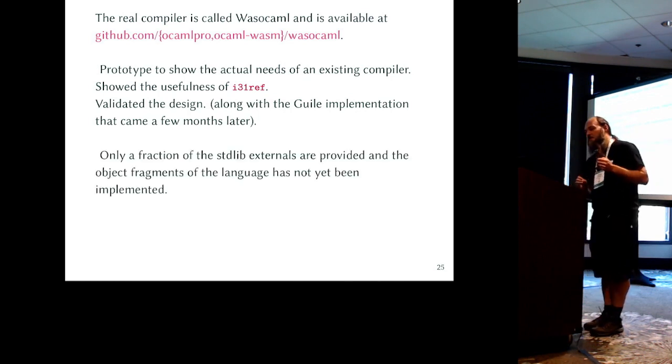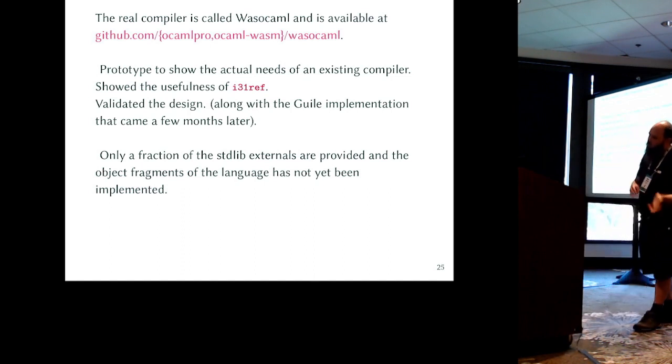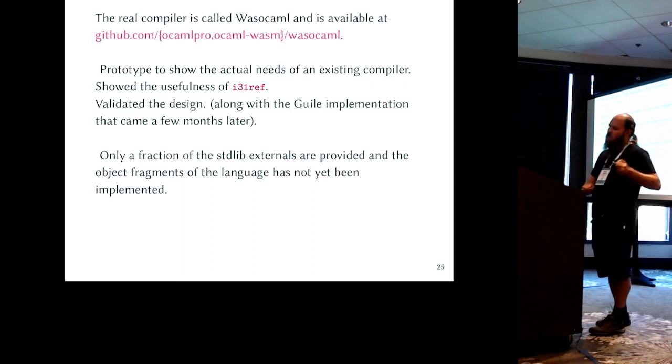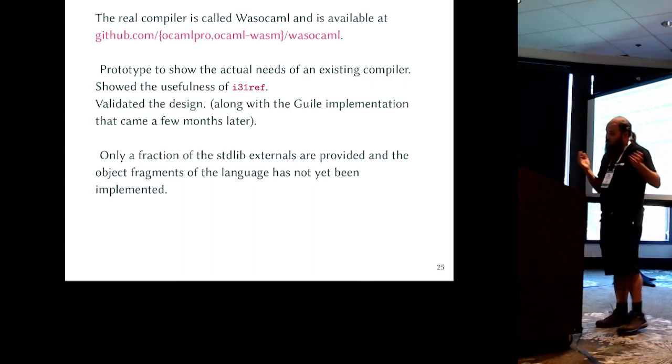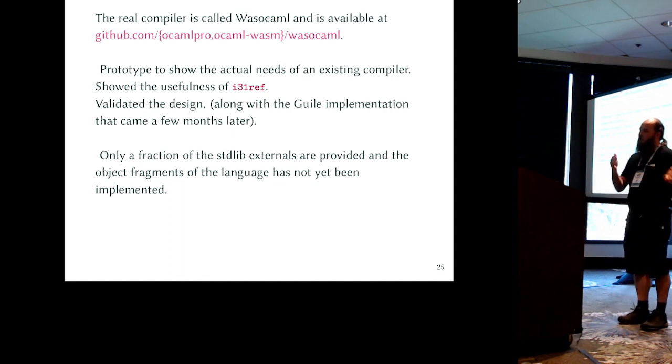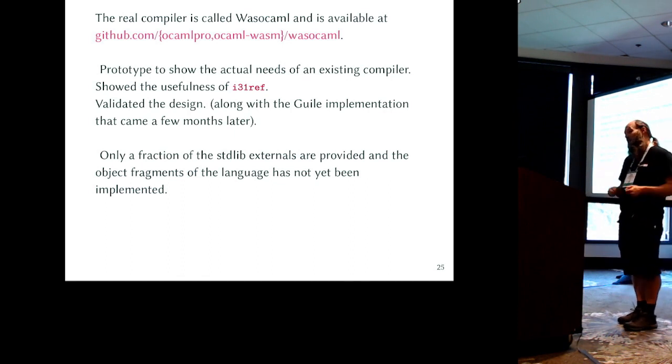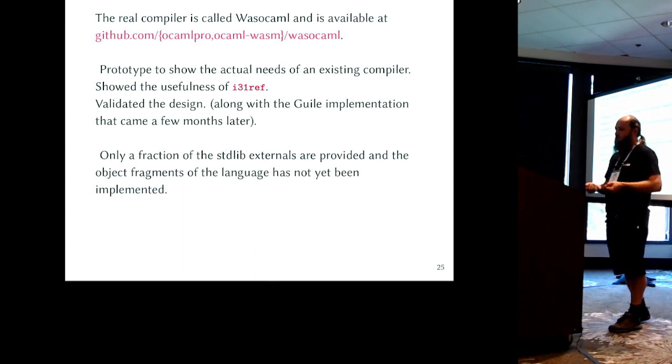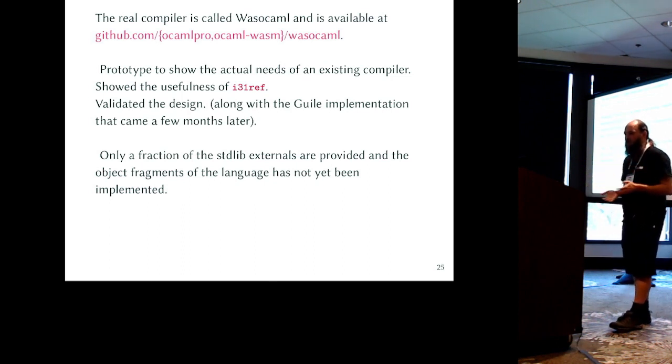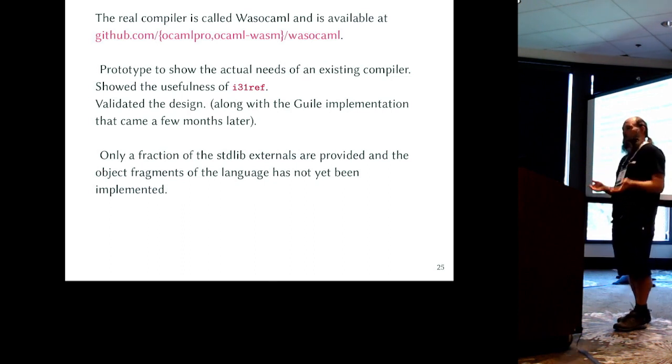But you can't use that for real programs right now, because we were too lazy to implement the full standard library, because, as I said, you don't have libc, so you have to do a lot of things to expose actual useful functions to your program in WebAssembly. So we do compile basically everything in OCaml except objects, but who cares?